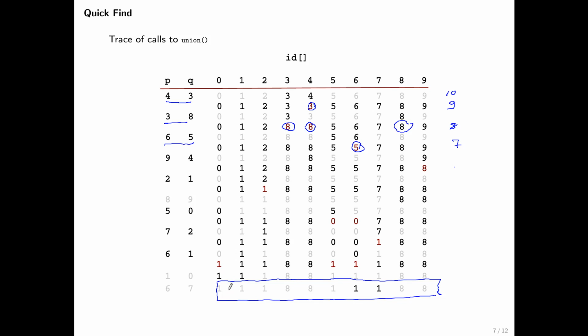So 0, 1, 2, 5, 6, 7 belong to one component with the identifier 1, and 3, 4, and 8, 9 belong to another component whose identifier is 8. So that was a trace of the union method.